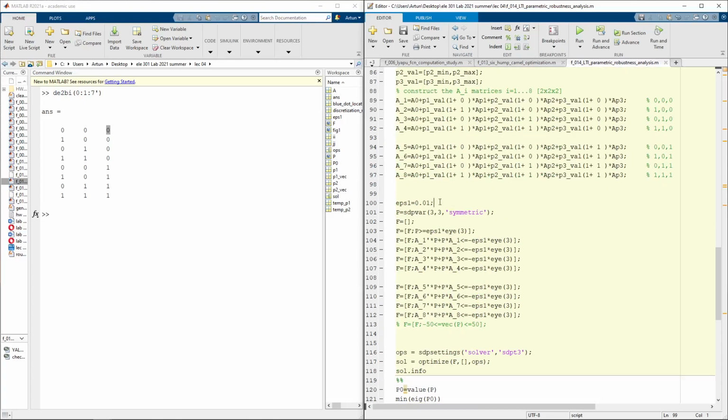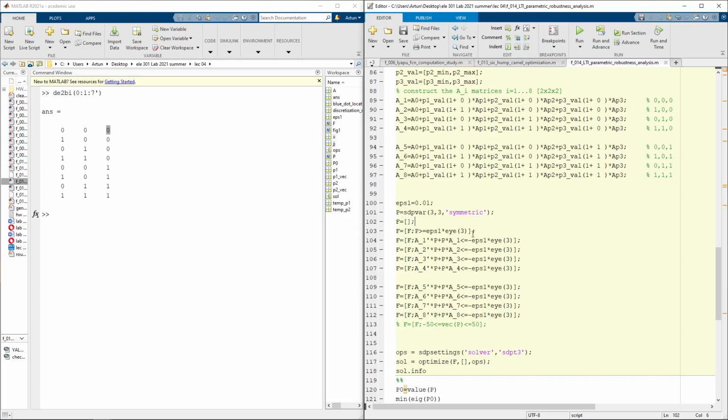Here epsilon is for numerical accuracy. Again, exactly the same thing. I just want to make things clear. Here again is the construction, or definition, of P, which we assign as a symmetric matrix. Here we are constructing our constraints.